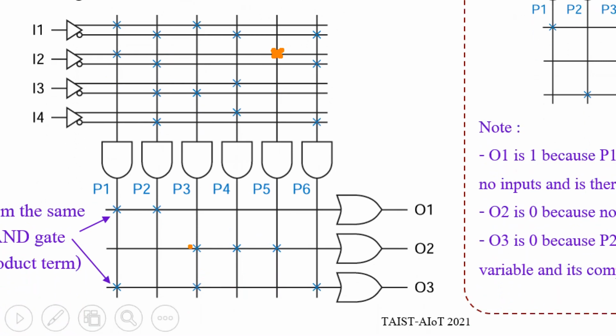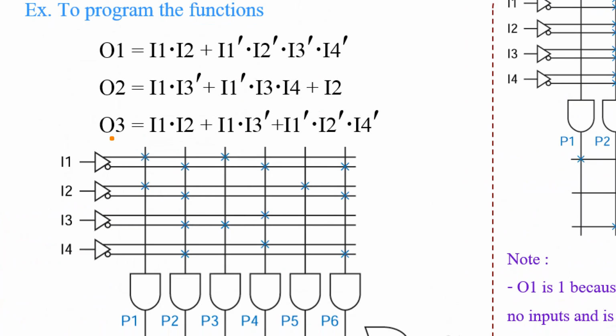You take these 3 terms all together, and they become O2. For output O3, similarly, I1, I2, oh, the same thing, right?